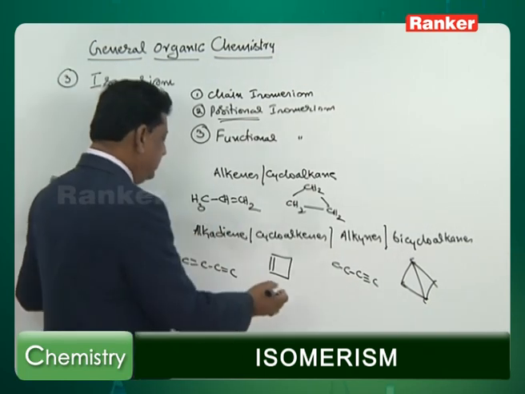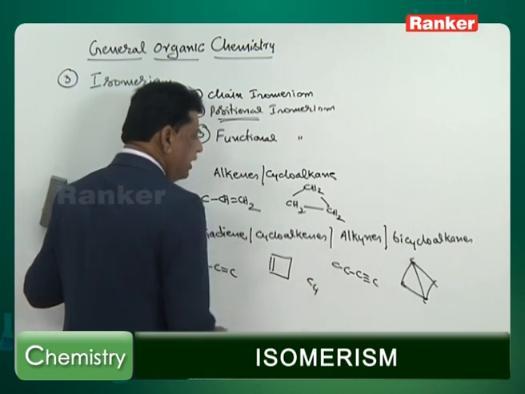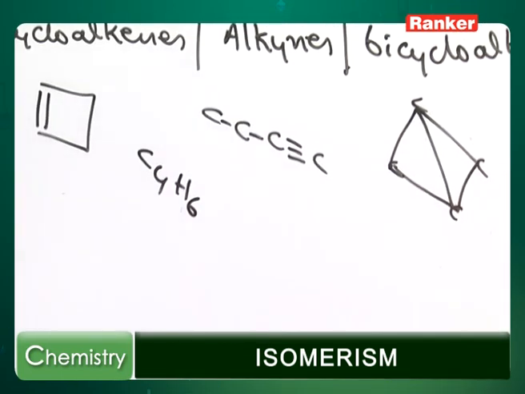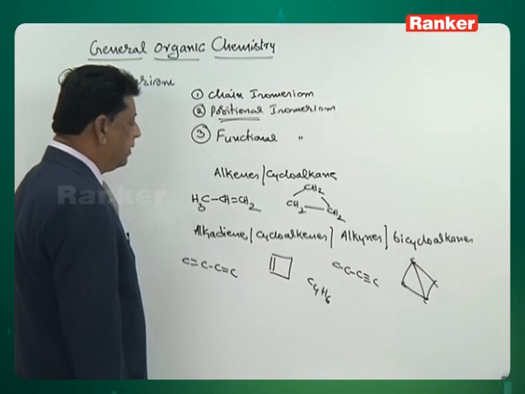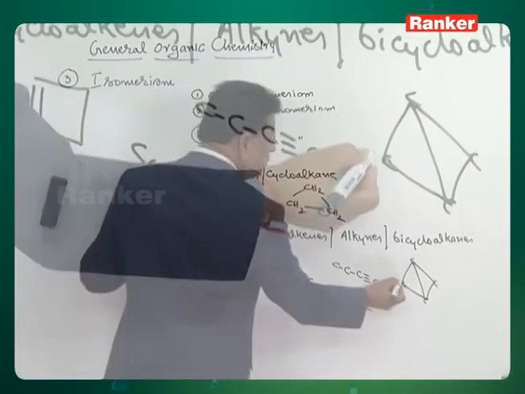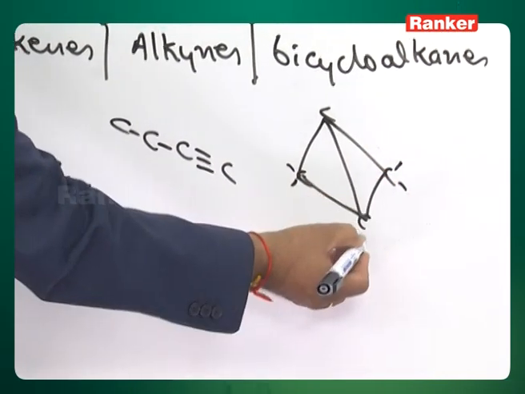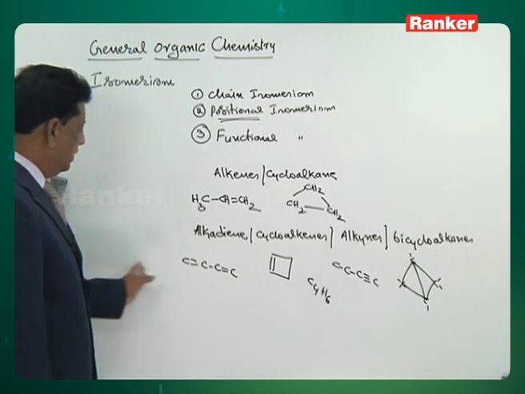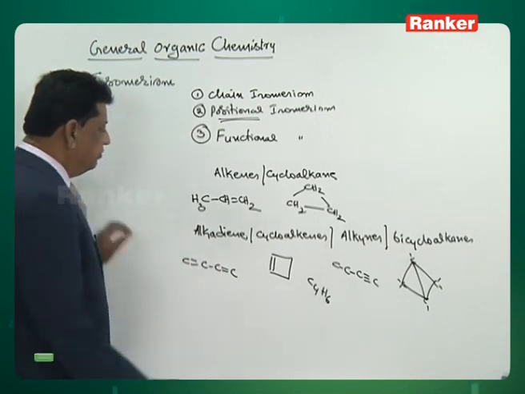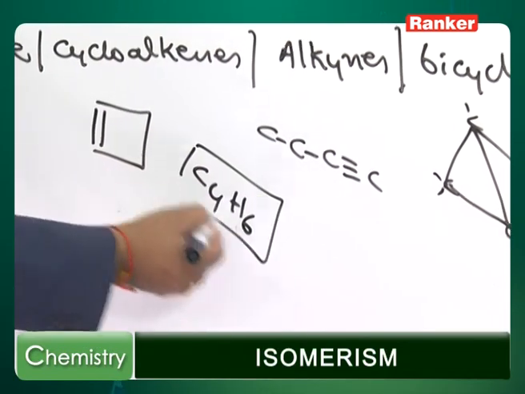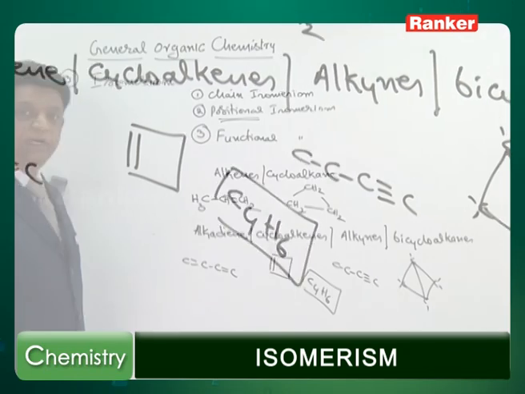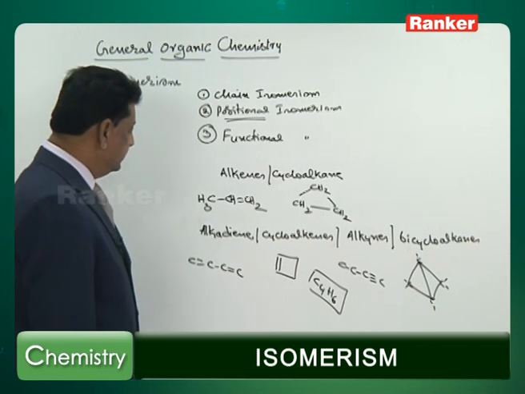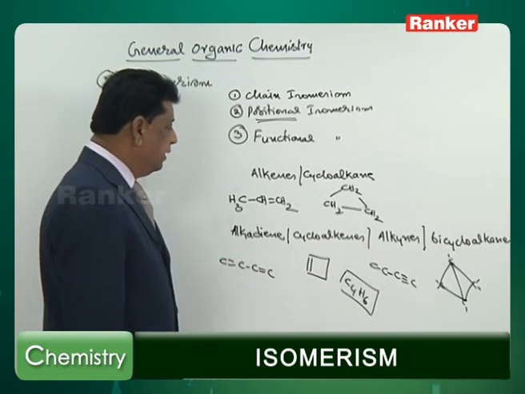So all have C4H6. Here 2 hydrogens are there, here 1 hydrogen. So total 6 hydrogens everywhere. They have the same molecular formula, but all belong to different chapters. So definitely properties will differ, and such types of isomers are called what?